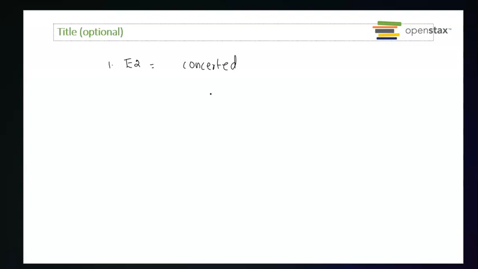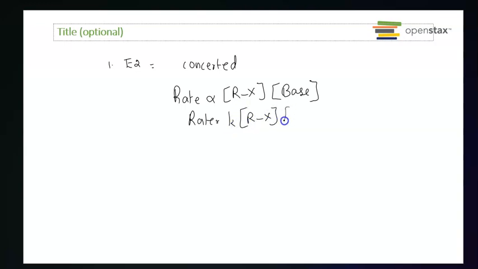Actually, we didn't talk about the rate here. Similar to SN2, we can say that the rate is dependent on the substrate, which is your RX, alkyl halide, and also the base. Okay, it is dependent on these two things because it's a concerted reaction. Or you can remove the proportionality sign here and say k, RX, and base.